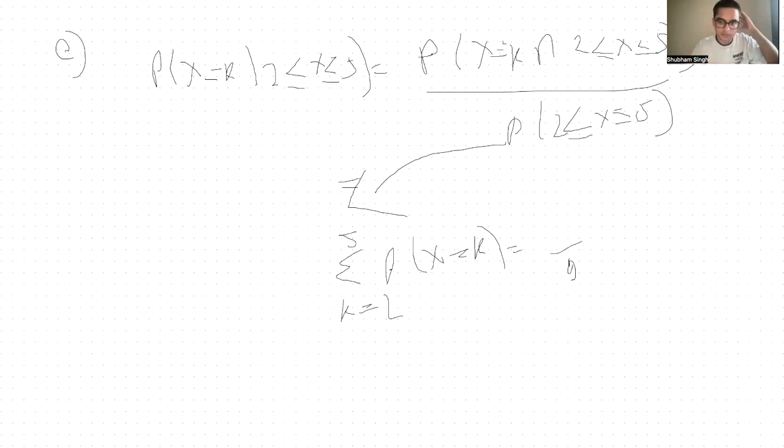Then we have our k, which stays on. Then we have the value of p raised to k minus 1, where k is between 2 and 5. On solving this, again I used Wolfram Alpha to solve it directly.